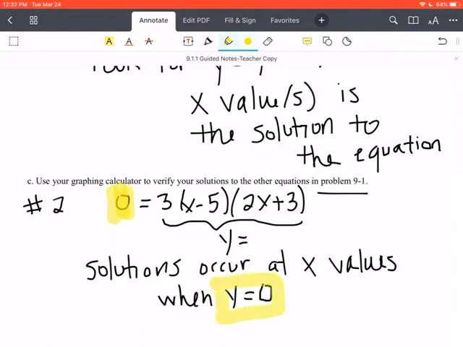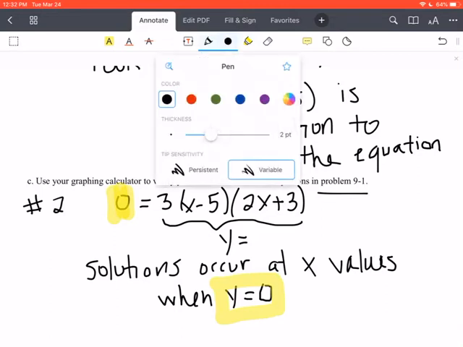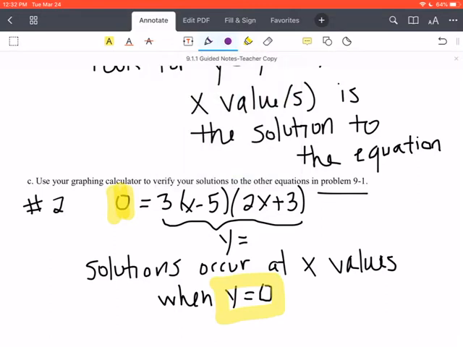Well, what is so special about y equals 0? The solutions to this problem are truly the x-intercepts, because we've done this before. We've replaced y with 0.